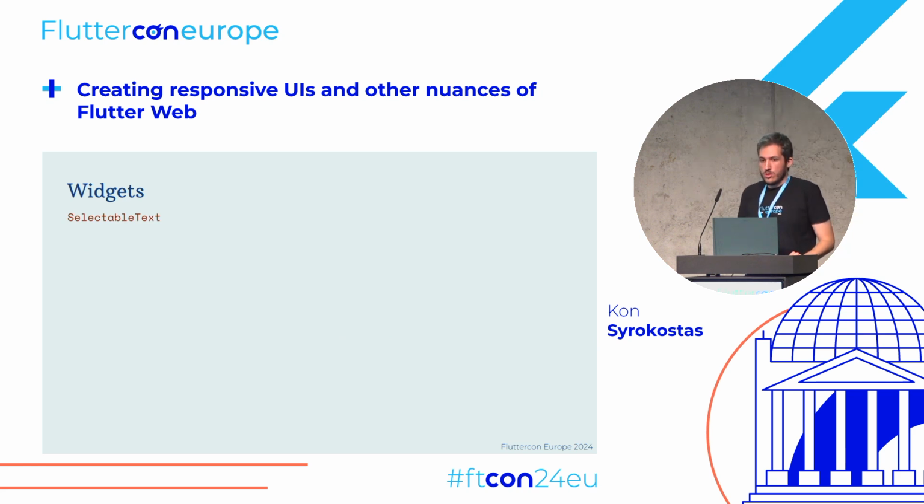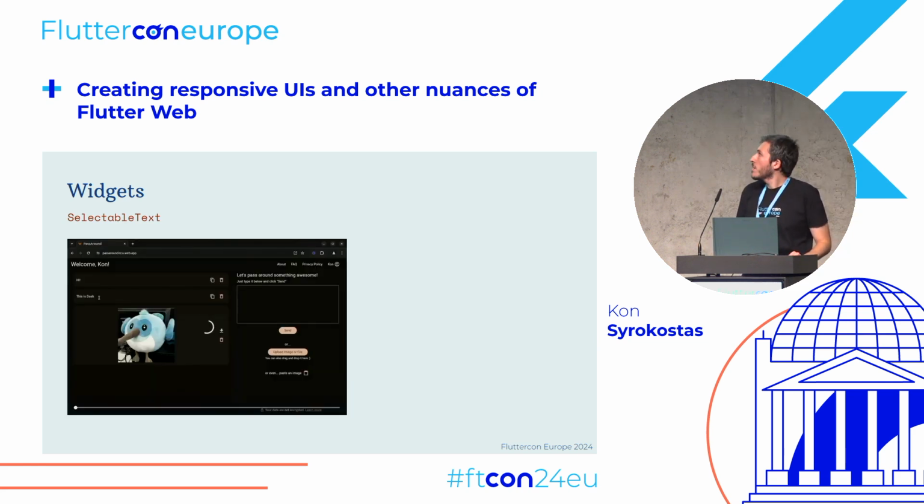Another thing that you need to consider on the web is text. In Flutter, text is not selectable. So that's a video where I select some text and then can't select some other text. This makes sense because on mobile, you rarely need to select text, but on the web or on any platform with a mouse, it kind of breaks.